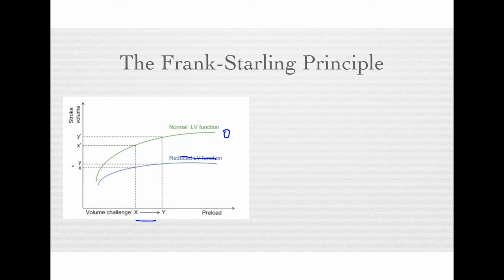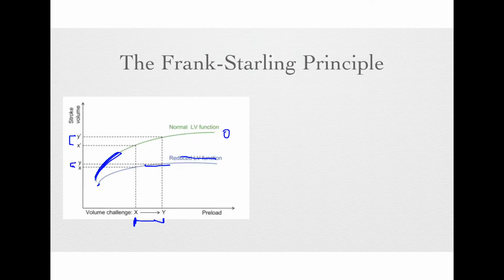And we see that providing a patient volume, so bringing them from a preload status of X to a preload status of Y, has a much more significant effect on stroke volume in the normal heart compared to the patient with reduced systolic function. And this is because the patient with the heart having reduced systolic function, their curve plateaus much earlier and has much less of a linear increase portion, which is the preload responsive portion of the curve.